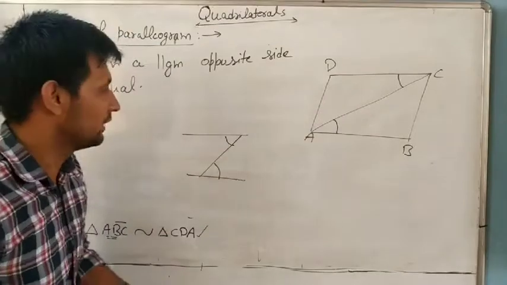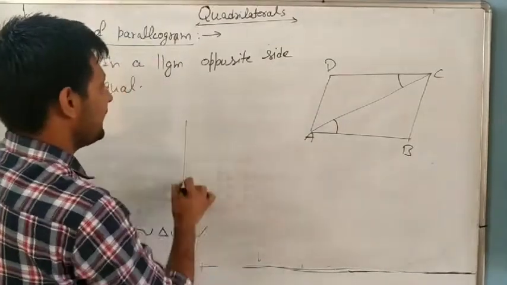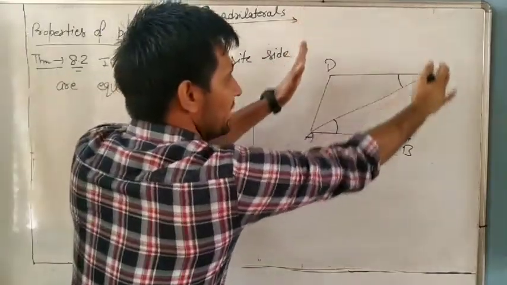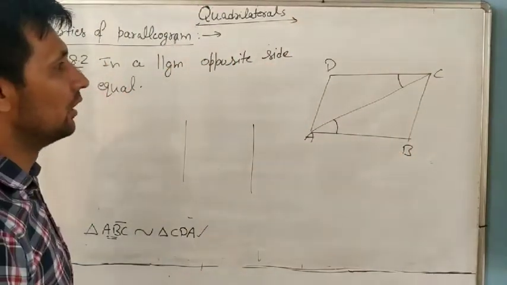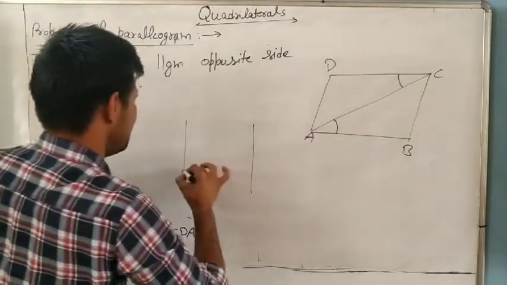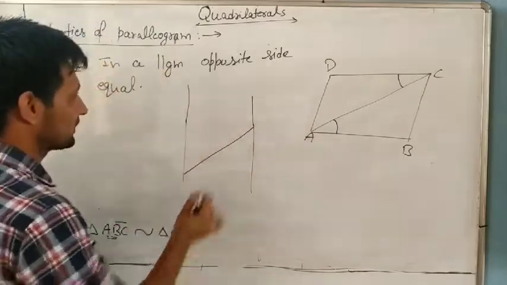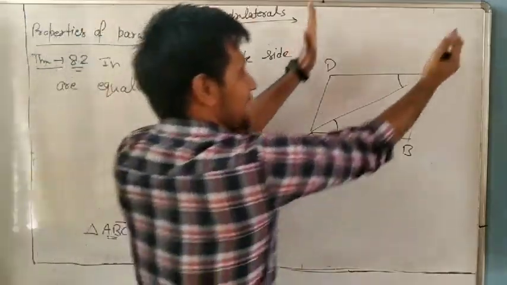Yes, everyone knows. Next, if AD parallel to BC, and this one AC is a transversal line, these two lines are parallel, yes, in a parallelogram.